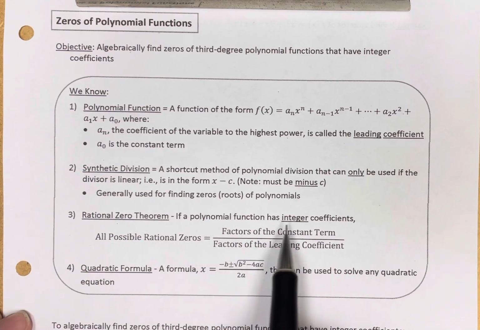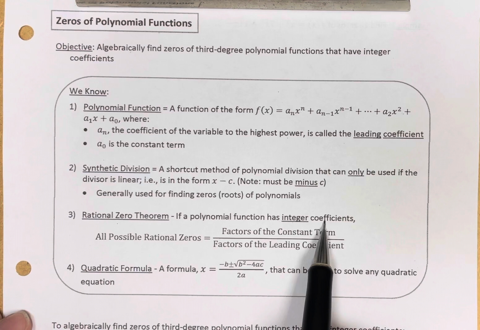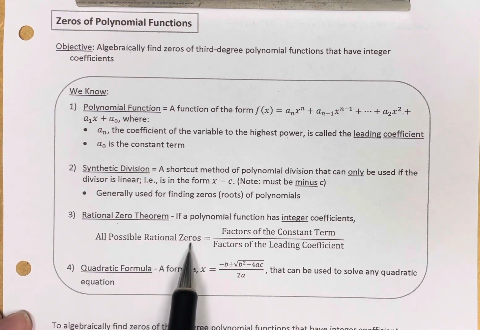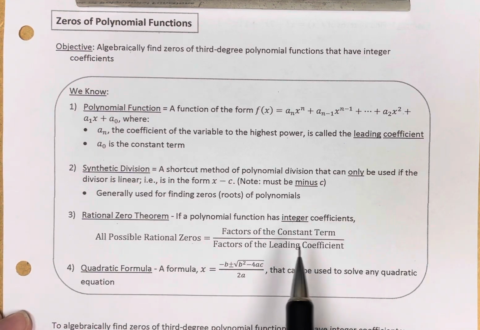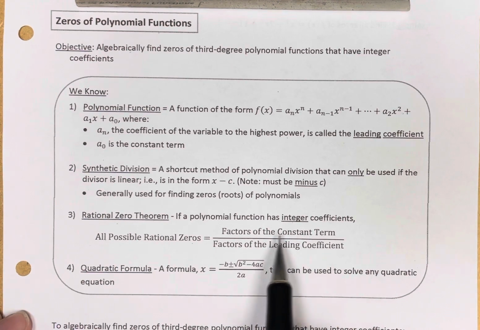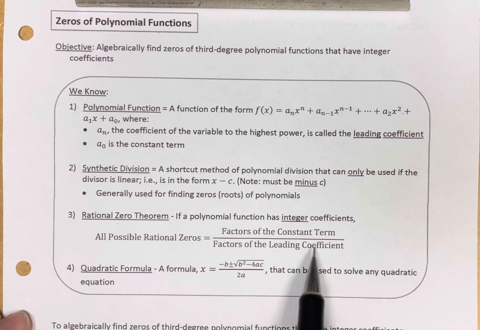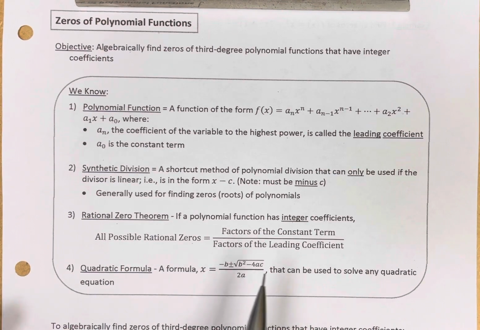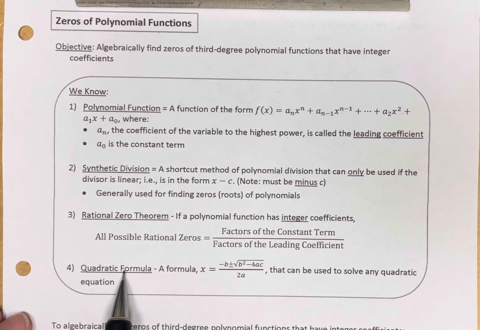Again, if a polynomial has integer coefficients, all possible rational zeros are of the form a factor of the constant term divided by a factor of the leading coefficient. And we know the quadratic formula.